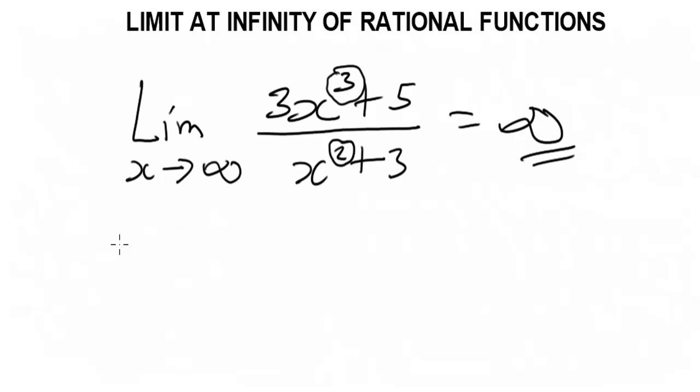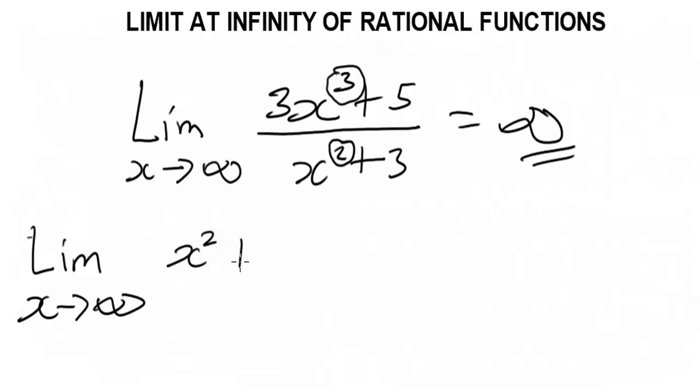Now let's check another situation. What if the limit as x is tending to infinity, and we have a situation like this, x squared plus 3 over x raised to the power 3 plus 5?